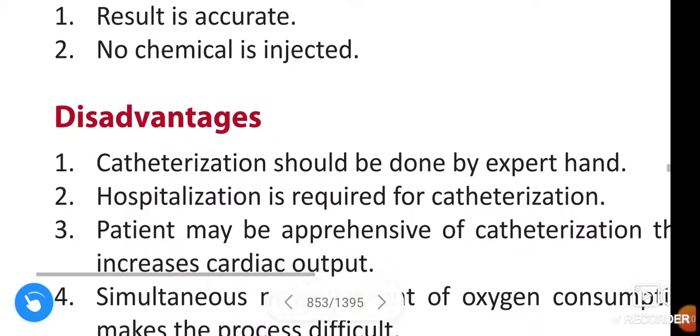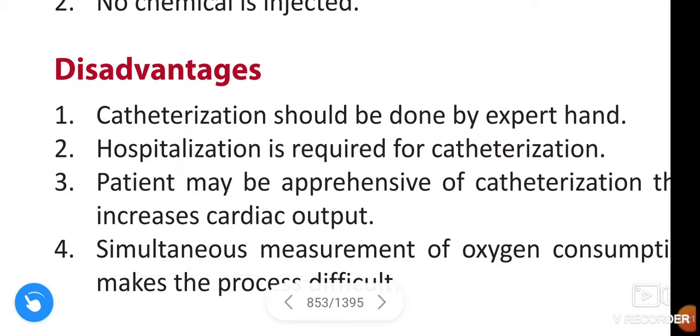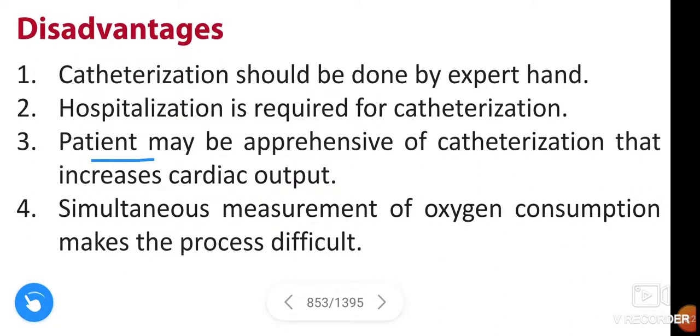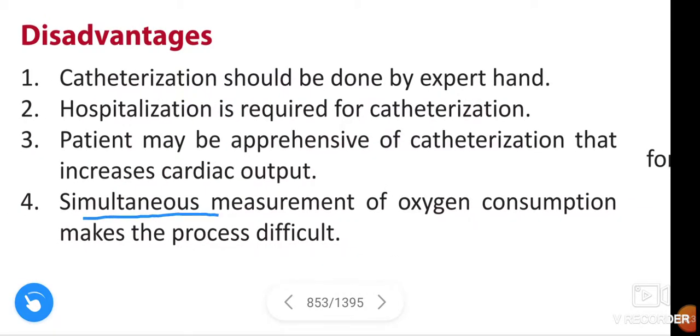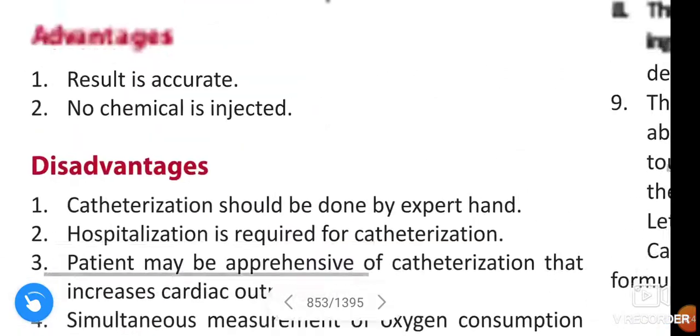Disadvantages are: catheterization should be done by expert hands, hospitalization is required for catheterization, the patient may be apprehensive of catheterization, which increases cardiac output, and simultaneous measurement of oxygen consumption makes the process difficult. This is about the Fick principle.